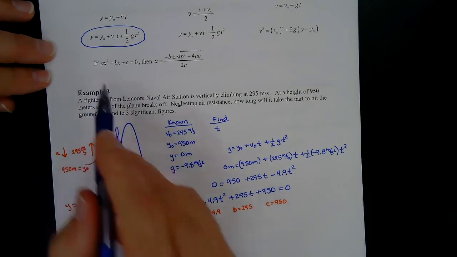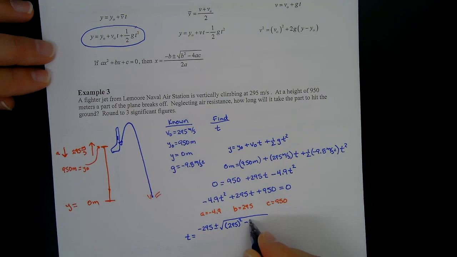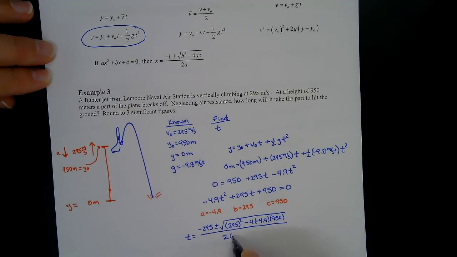Again, it's not X; in this case, it's T. So T is equal to negative B, which is negative 295, plus or minus the square root of B squared, so 295 in parentheses squared, minus 4 times A, which is negative 4.9, times C, which is 950, all over 2 times A, which is negative 4.9.